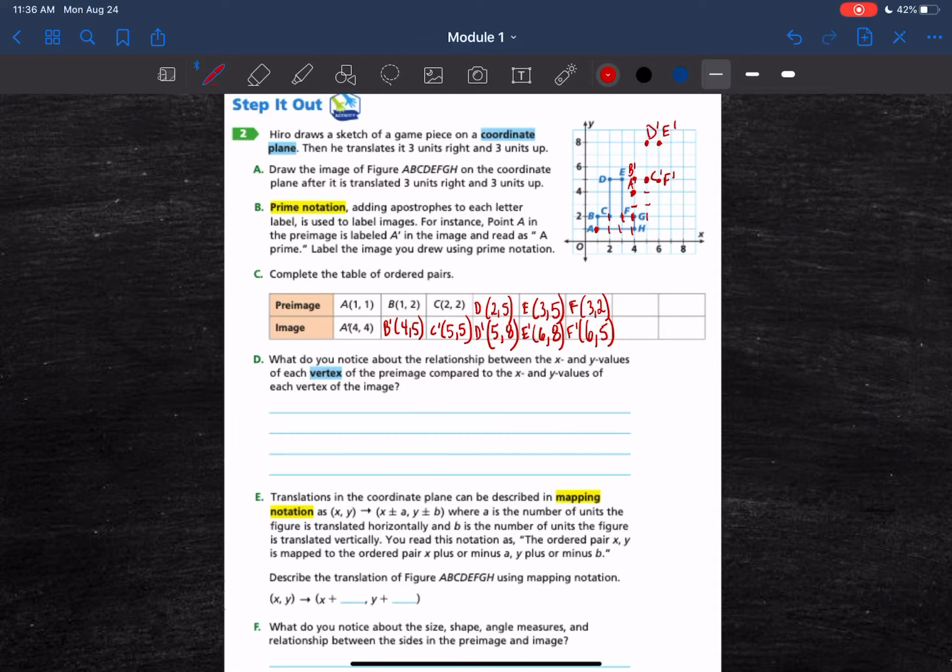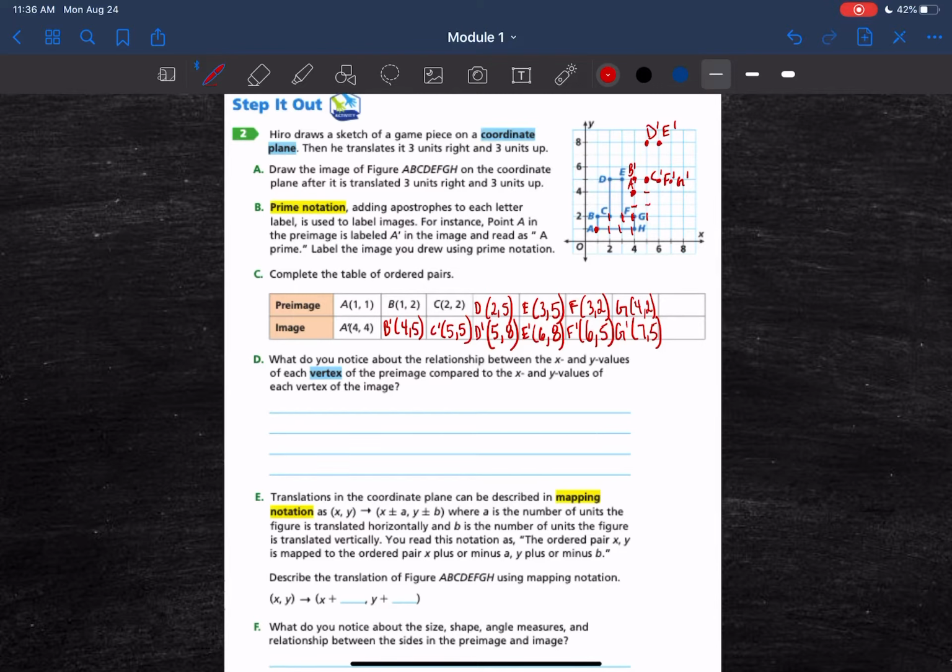Then we're going to get G. G is at 4, 2. For G prime, we're going to add 3 to each of those, 7, 5. So that is G prime.